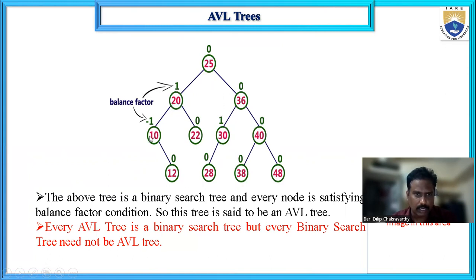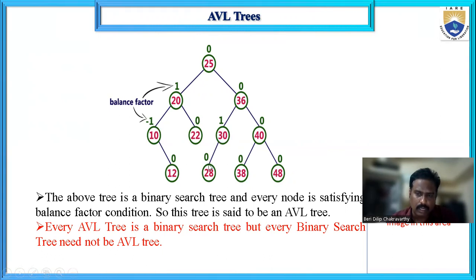Observe for 10. As there is no left child, it is 0. There is one child on the right side, so 0 minus 1, you will get -1. For 22, as there are no children, left minus right gives 0. For a leaf node, it will always be 0. Observe for 30.